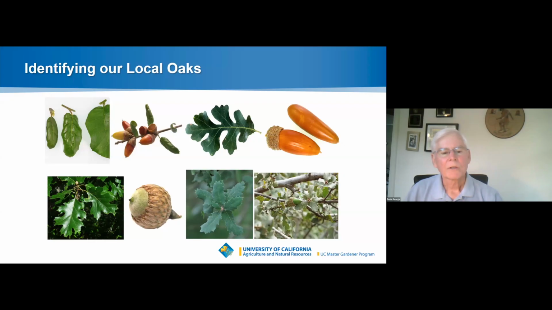So very distinctive. And then finally, in the lower right, we have the blue oaks, this very distinctive blue-green color that their oak leaves turn during the summer months. And their acorn is smaller and similar to the coast live oak in fatness and length.